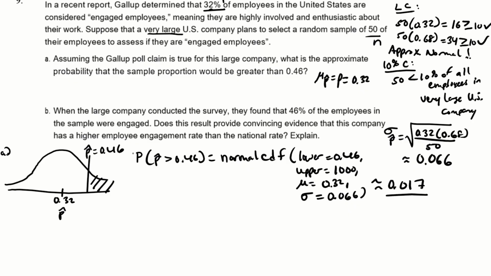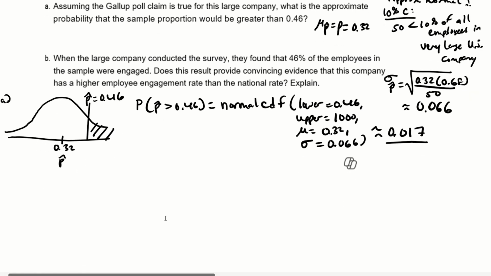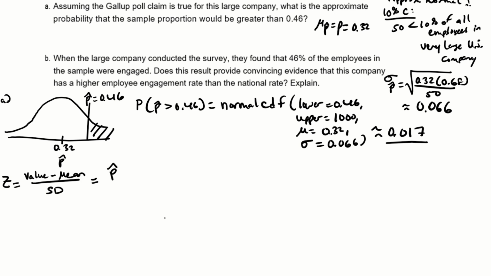Again, if you don't want to use the calculator method, you could use the z-scores. So let's talk about how we would calculate z-scores, just in case. Remember the z-score is value minus mean over standard deviation. The value here is the p hat, the mean is mu p hat, which is equal to p, so we can just replace that with p. And the standard deviation is sigma p hat.